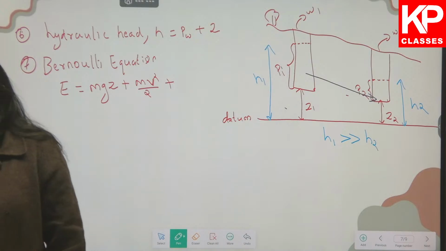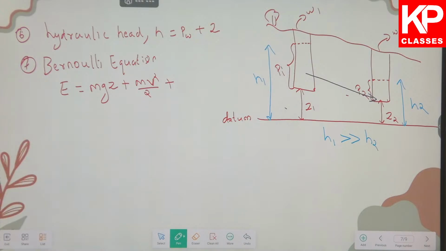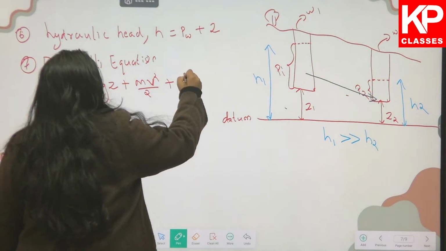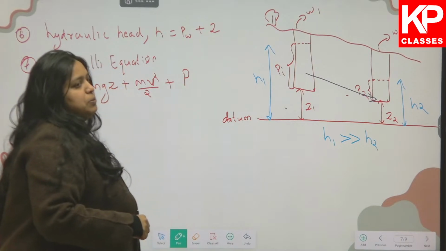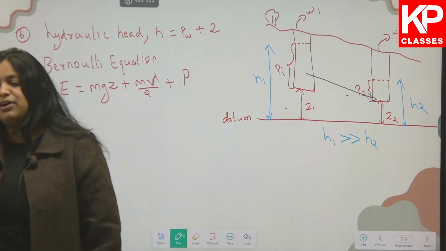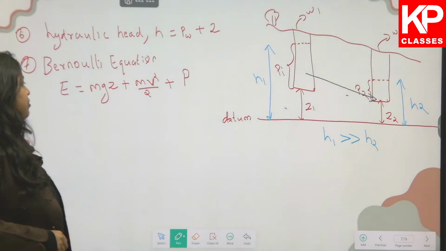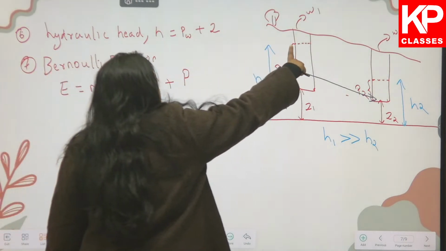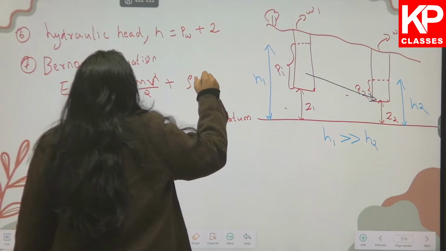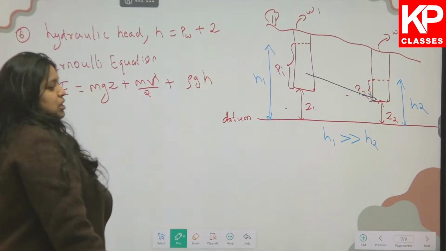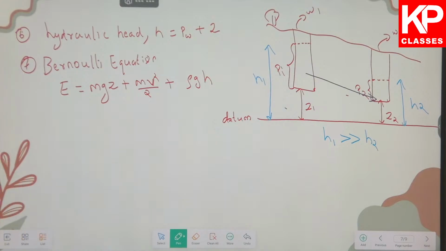And the third one is the pore water pressure, the pressure exerted by the water column. Pore water pressure P is defined by the thickness of the water column, so it is rho gh.